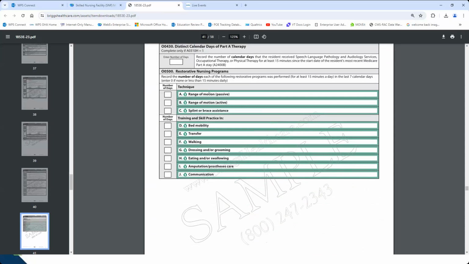So again, here, under the restorative nursing and the number of days, make sure you're paying attention to the time frames that are identified in the MDS as well. These have restrictions on how many minutes a day and in the last 7 calendar days when capturing those.